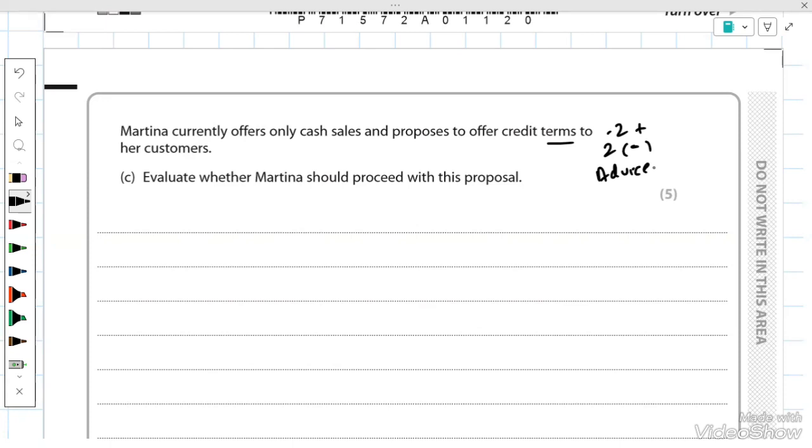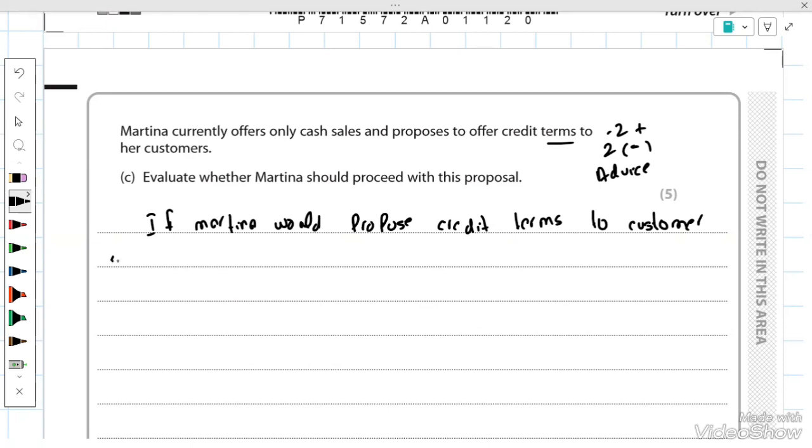Okay, so we can say that if Martina proposes credit terms to customers, it will attract more customers.